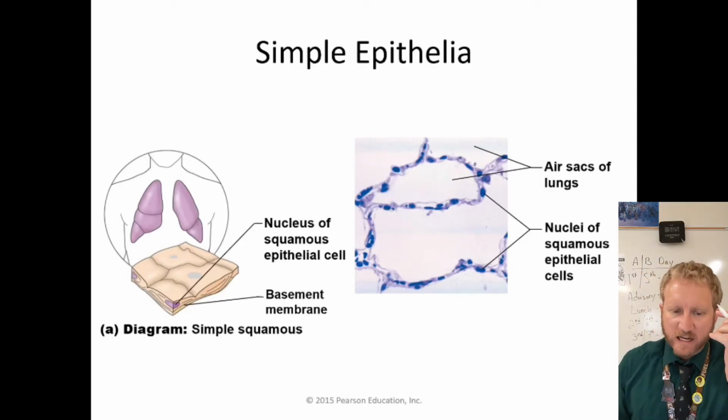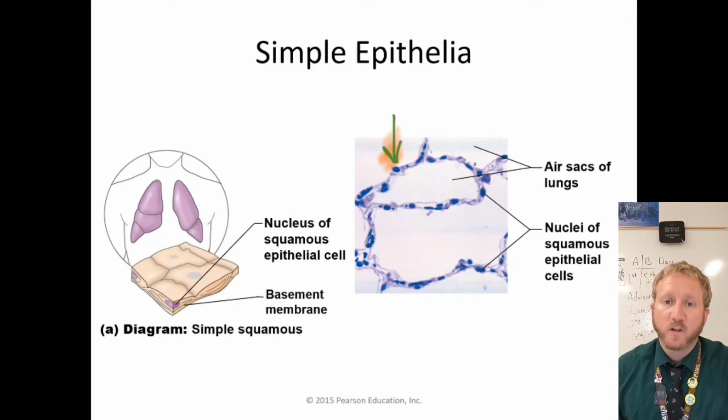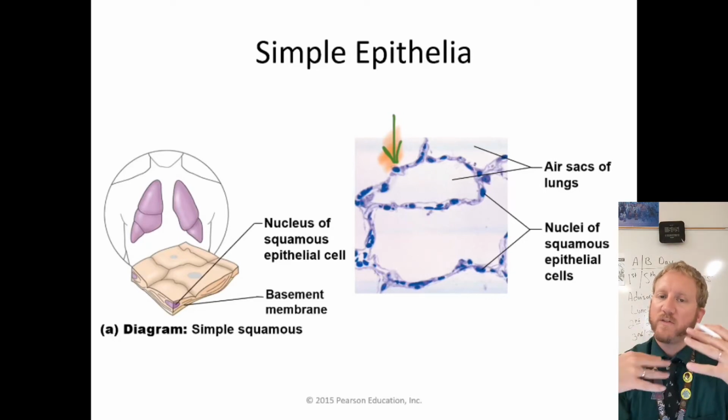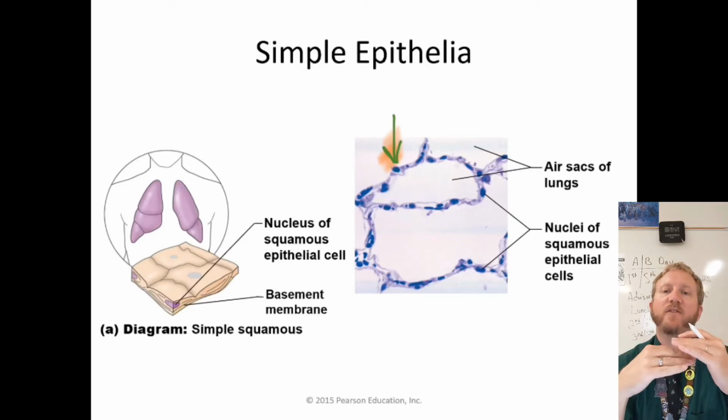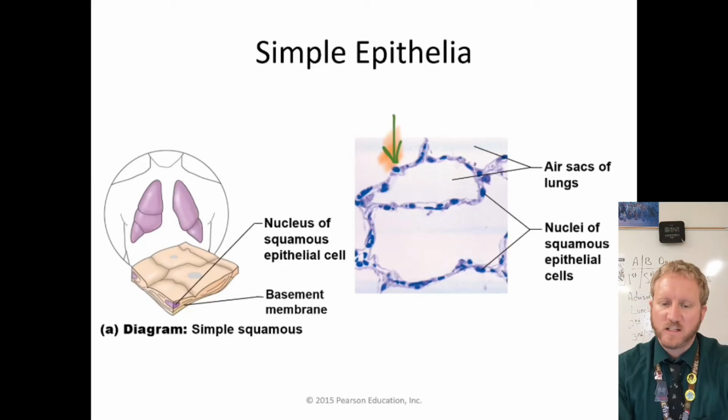Simple epithelial cells, you can see here in the diagram, each one of the little dark spots is a nucleus. So if you want to be able to track what the different layers are, you look at the nuclei. And if you have nuclei stacked on top of each other, then they're stratified. So this is simple.